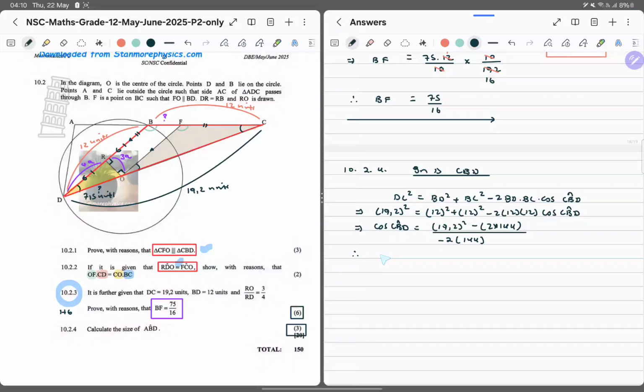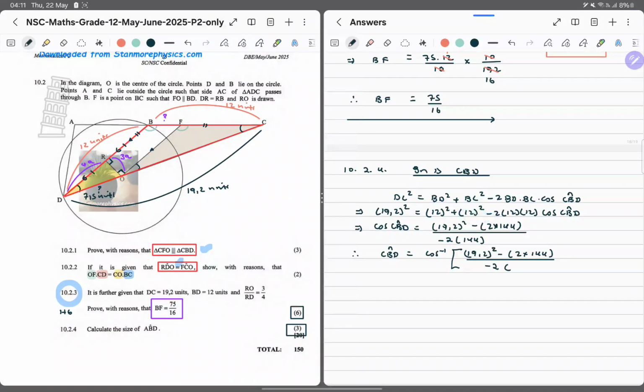And we will say, therefore, CBD is going to be the arc cos of this whole thing, 19.2 squared minus 2 times 144 divided by minus 2. Wait a minute, what did I do here?